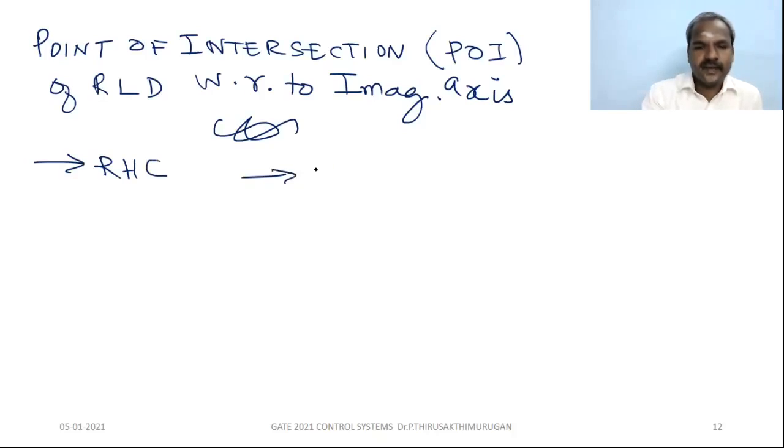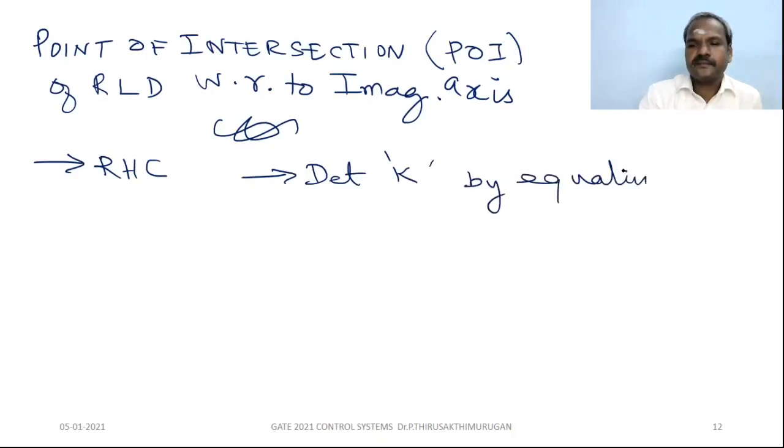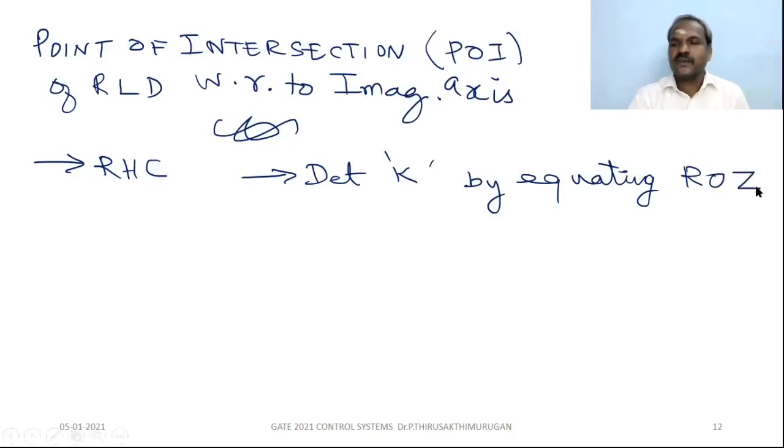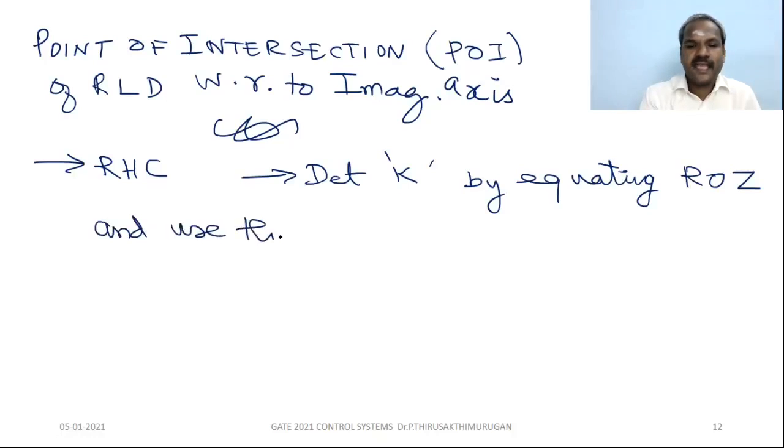So determine K by equating the row of S to 0, and use this K in the auxiliary equation.